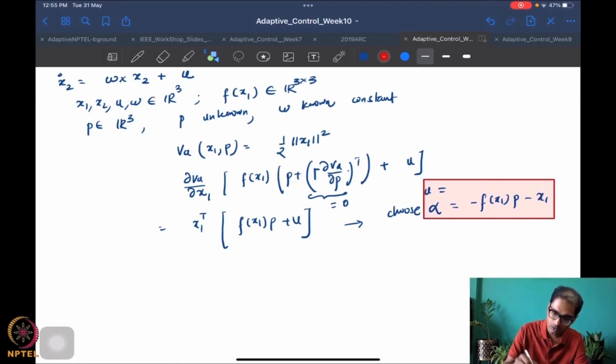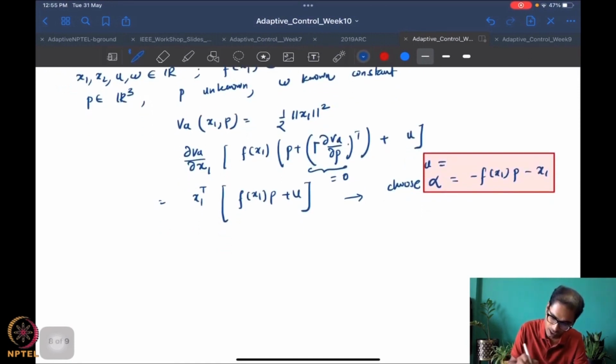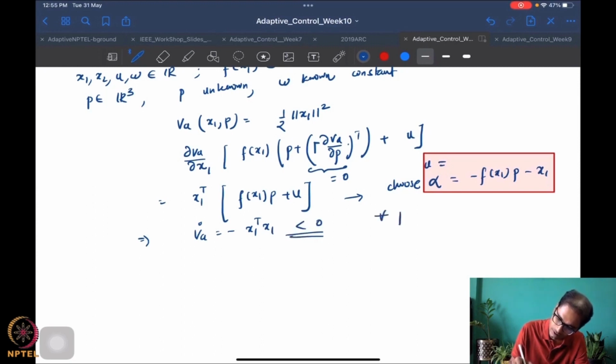Right, if I choose my alpha as this, then I get V_A dot equal to x1 transpose minus x1 transpose x1, which is negative definite for all p.